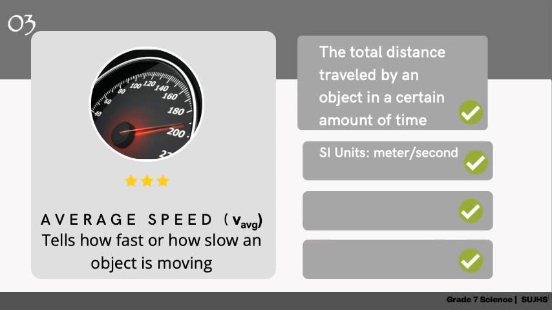The SI units of measure for average speed are meter per second and kilometer per hour. It is a scalar quantity, so no direction is involved. Examples are 10 meters per second and 100 kilometers per hour.